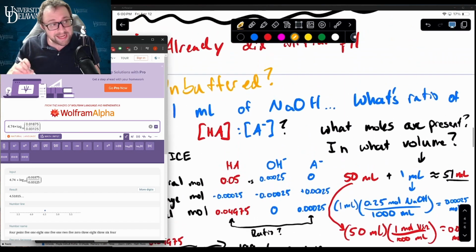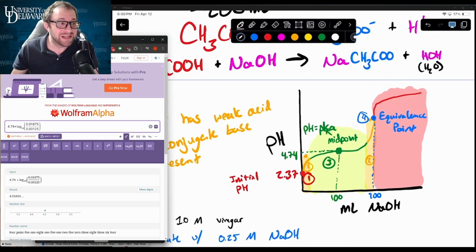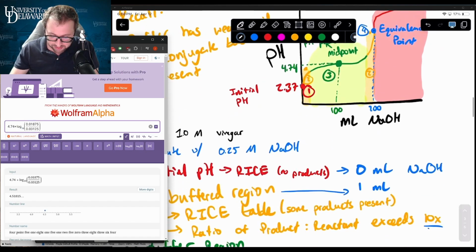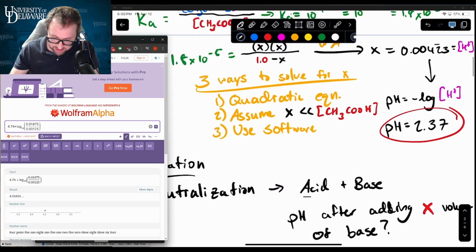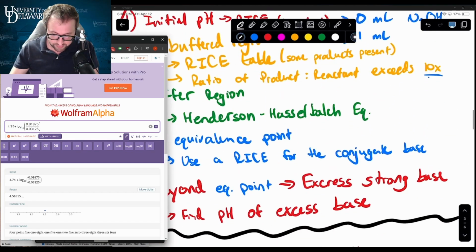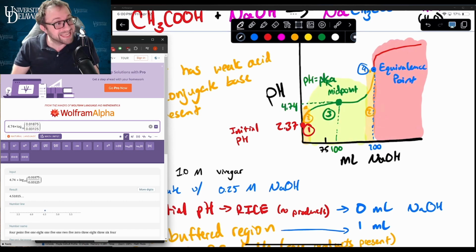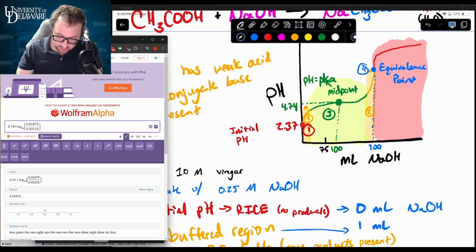Now, why didn't it make sense when we saw that other pH? One really good way of approaching these problems, which we already did here, is that we determined our equivalence point, that 200 milliliters, which means we also know where our midpoint is. 75 is less than our midpoint, so we expect our pH to be less than our pKa.